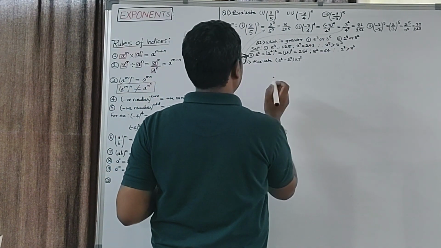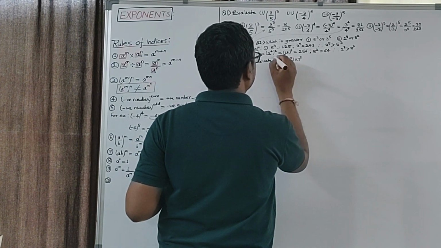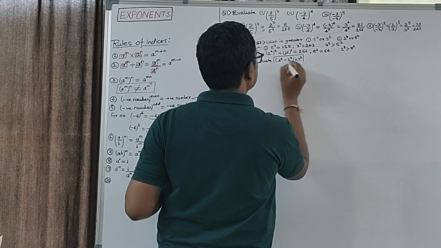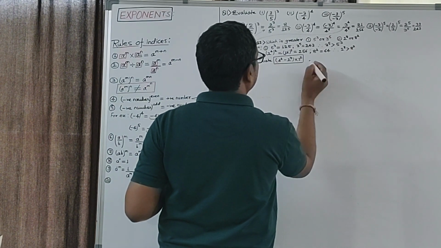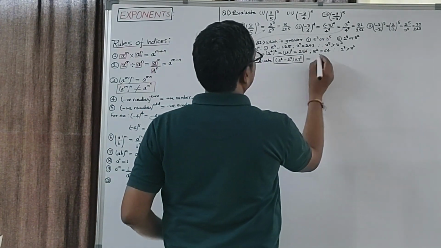We have to evaluate this part, so let me put it in a box so that I can use this space. 4 square minus 2 cube inside the bracket.